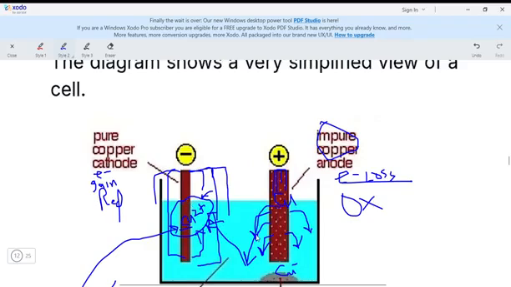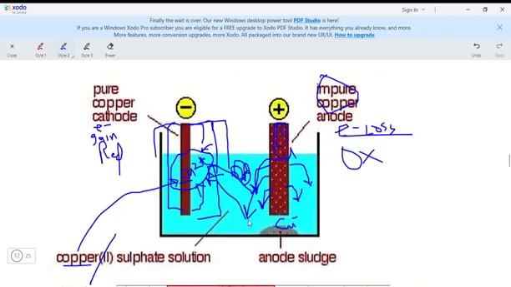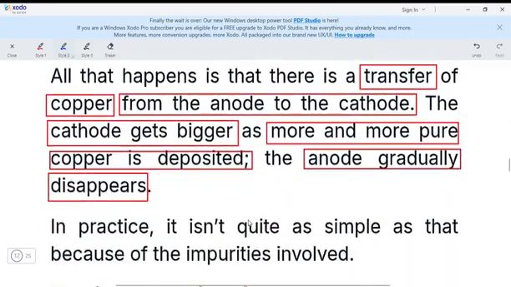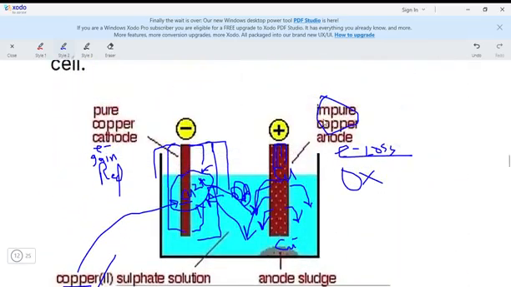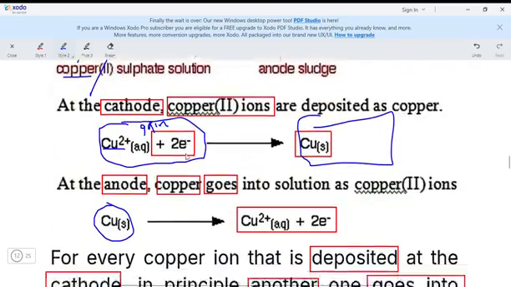If another one comes down, it will also go back here. So the concentration is not going to increase, it will remain the same. All that happens is a transfer of copper from the anode to the cathode, meaning the impure copper is coming out from the anode and going to the pure cathode.